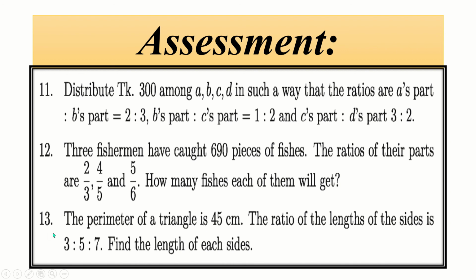After getting the value of x, 3 into x will give the first length, 5 into x the second length, and 7 into x the third length. Clear everyone?